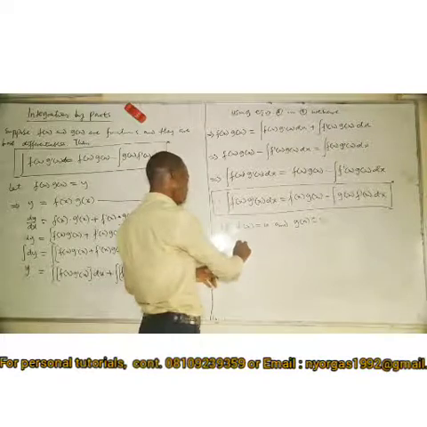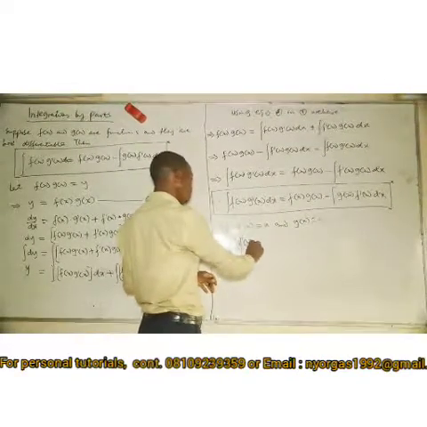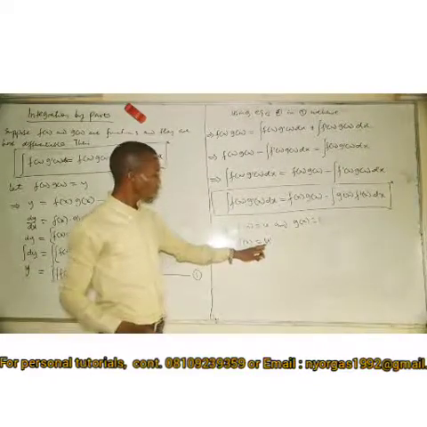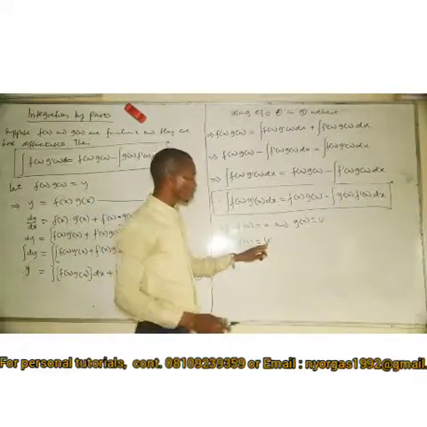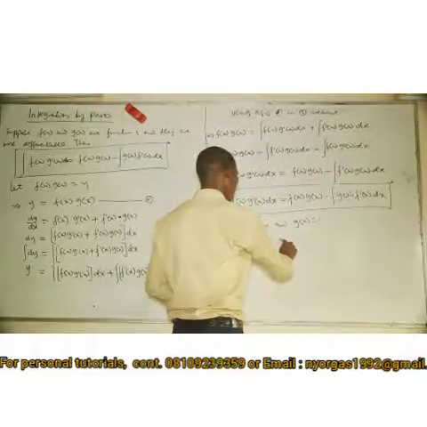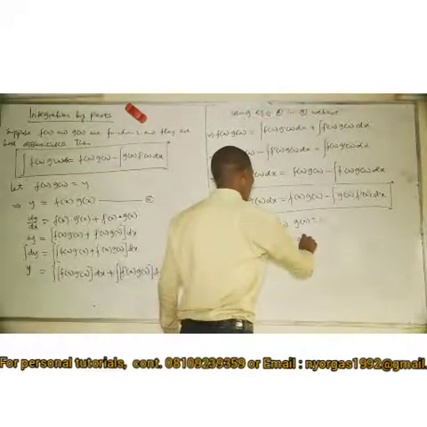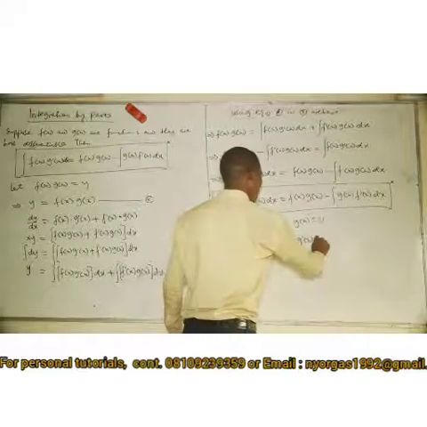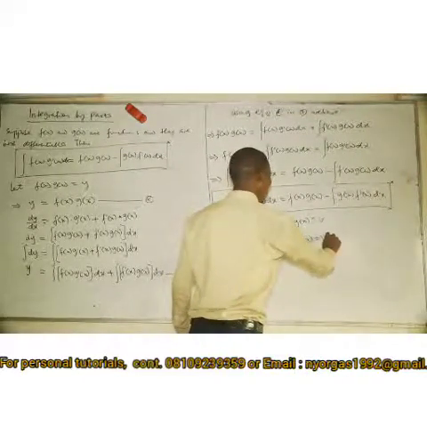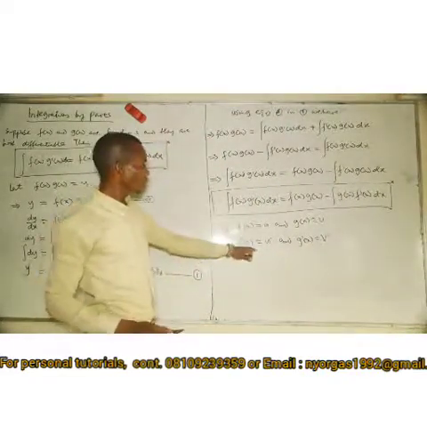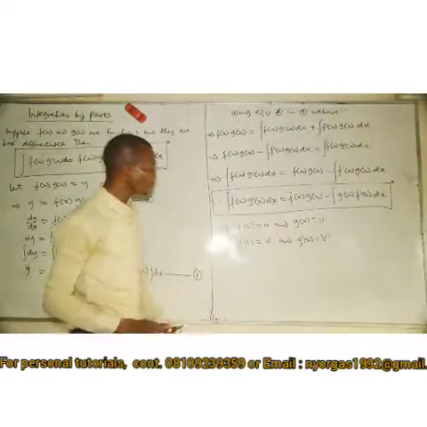Then f prime of x will be u prime, and g prime of x will be equal to v prime. If you differentiate this, you have this.